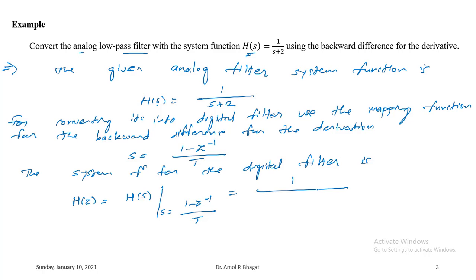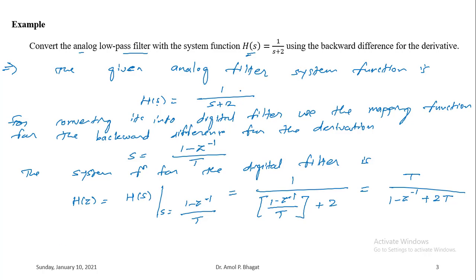So 1 upon, in place of s, we substitute (1 - z^-1)/T, plus 2 will be as it is. If you simplify it, you will get H(z) = T/(1 - z^-1 + 2T). So this will be H(z).